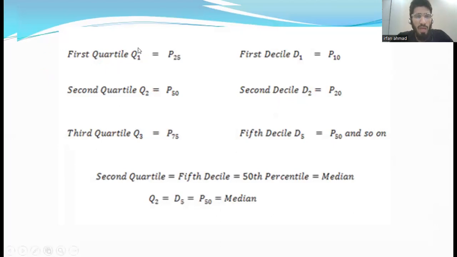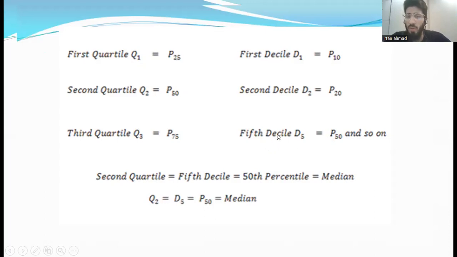The first quartile, Q1, is equal to P25, the 25th percentile, and the first decile is equal to the 10th percentile. The second quartile, Q2, is equal to the 50th percentile, and the second decile, D2, is equal to P20, the 20th percentile. Similarly, the third quartile Q3 is the 75th percentile.